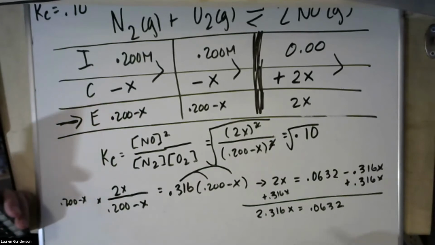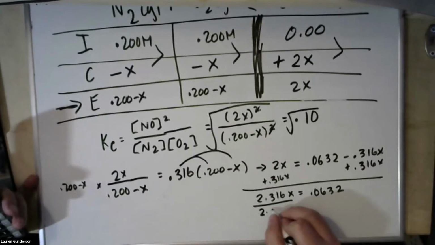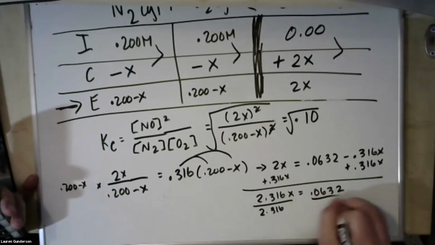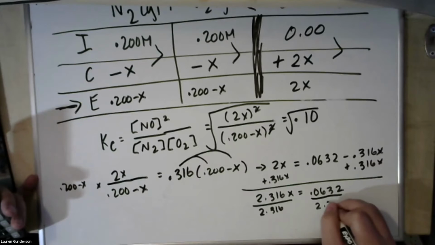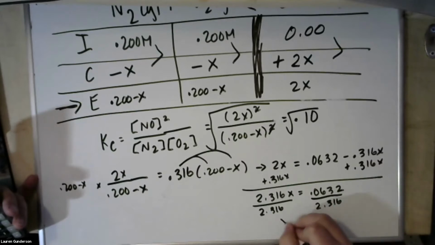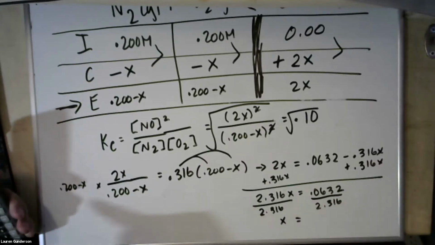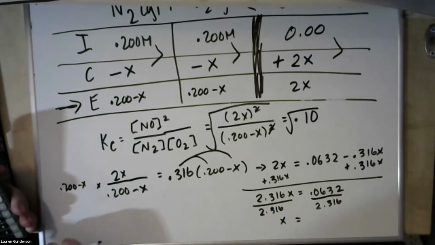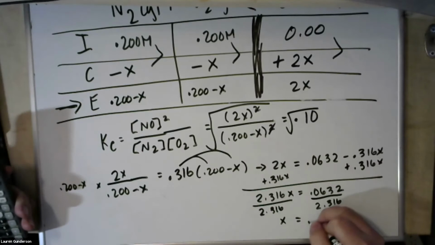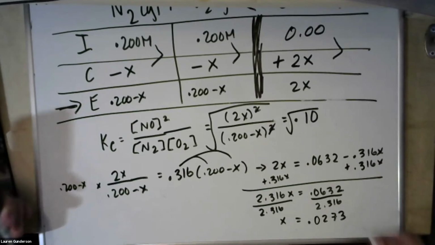Now I'm just going to divide both sides by 2.316 so that I can isolate that x value. And my x is going to equal 0.0273.